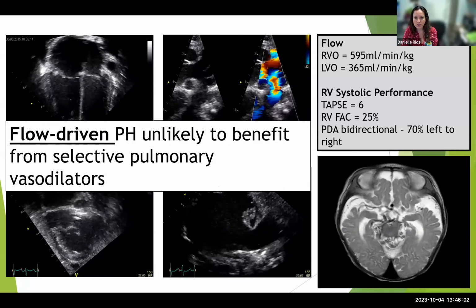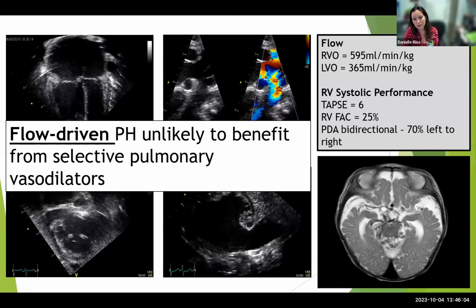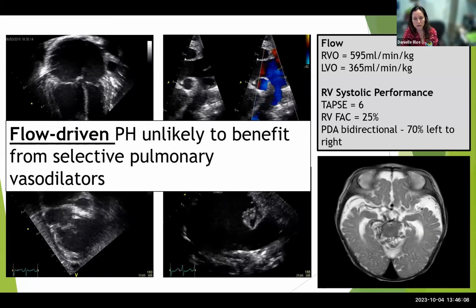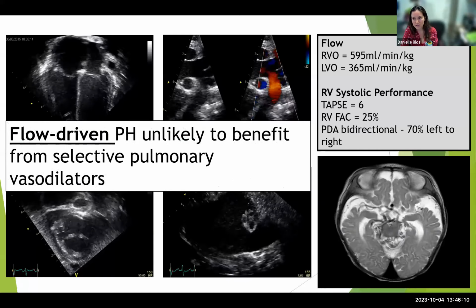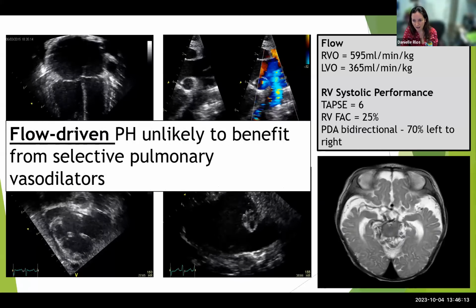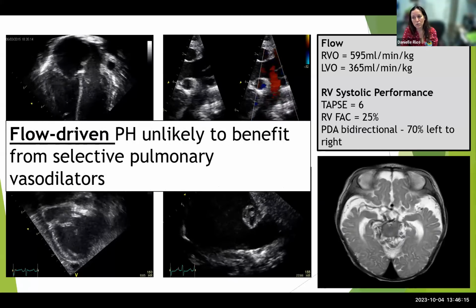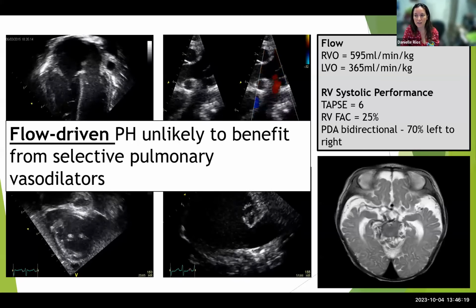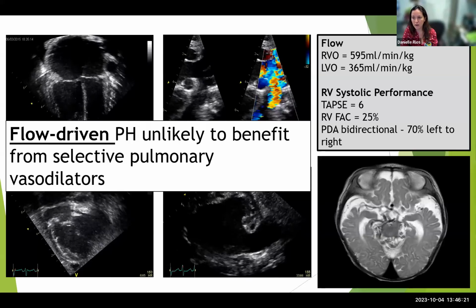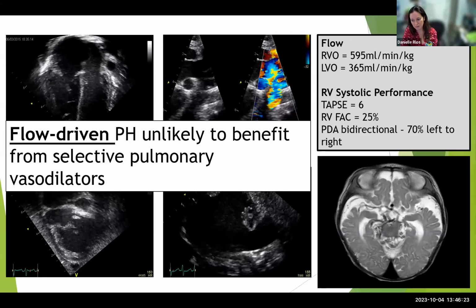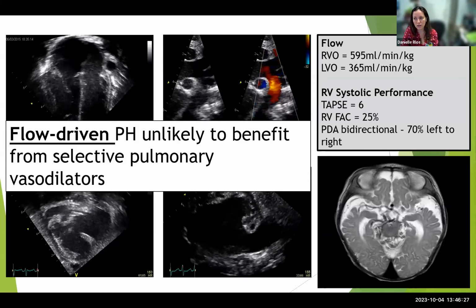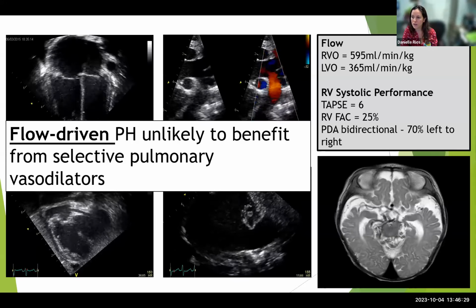And if you get a cardiology echo, oftentimes they will tell you you have pulmonary hypertension because your PDA is more than 60% right to left. However, if you started pulmonary vasodilators, that is not actually the correct therapy for something like a vein of Galen or usually a flow-driven pulmonary hypertension, because it could actually worsen the underlying physiology.